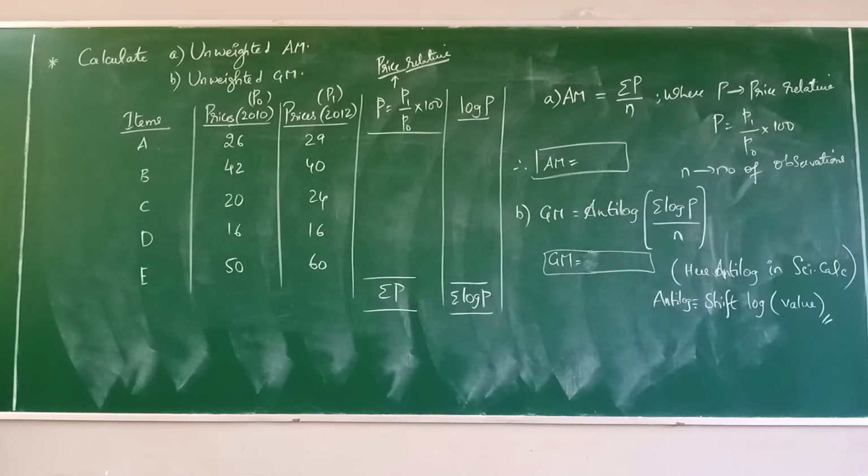Okay, AM gives the greater weightage to bigger items. Am I clear? So this is the unweighted arithmetic and unweighted geometric mean. The same thing for weighted arithmetic mean and weighted geometric mean we shall see.